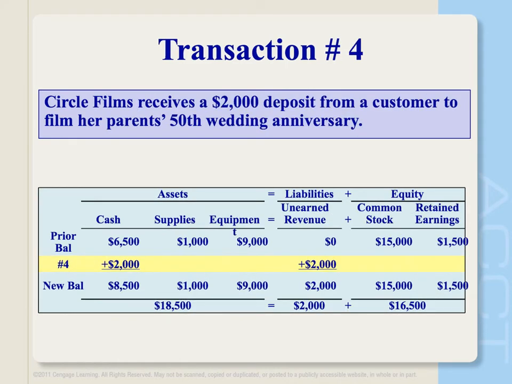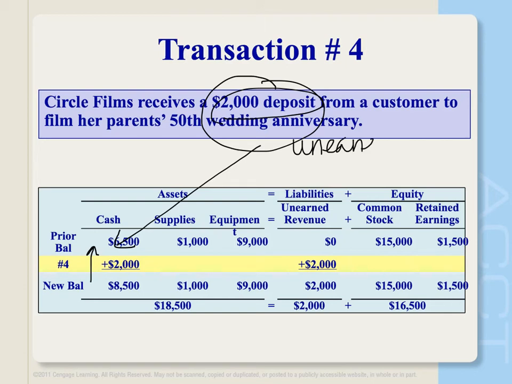The next transaction says Circle Films receives a $2,000 deposit from a customer to film her parents' 50th wedding anniversary. So the event is a $2,000 deposit. You can see here I increase cash by $2,000. And then a deposit is considered something we call unearned revenue. Unearned revenue.